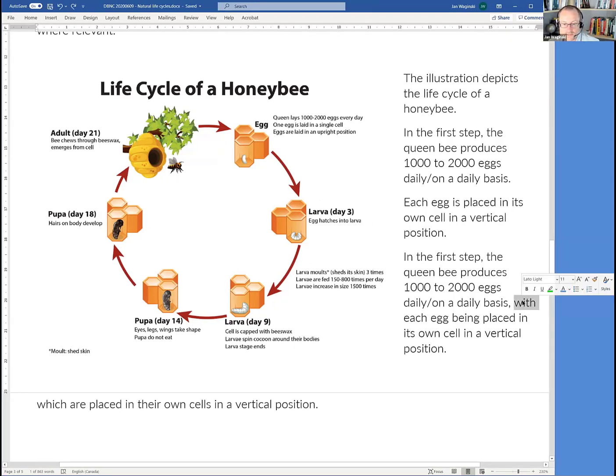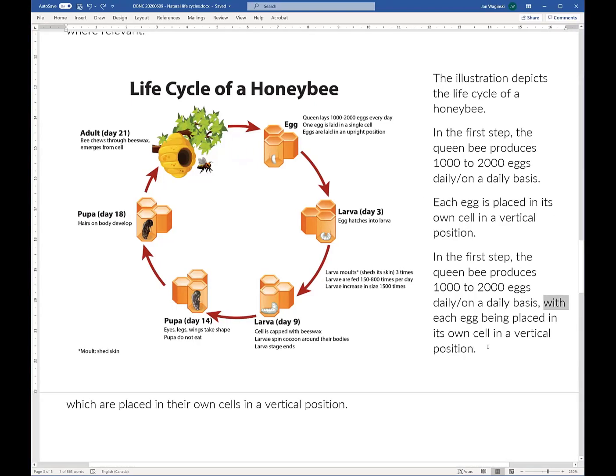With each egg being placed in its own cell in a vertical position. Can I ask for a third option? Can we remove "with each egg being", put a comma, placed in its own cell? On a daily basis, placed in their own cells in a vertical position.